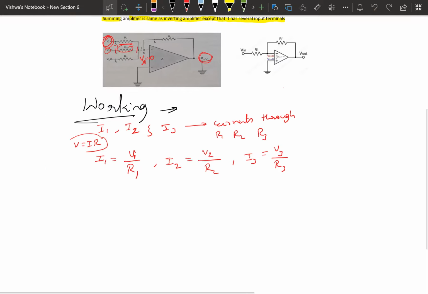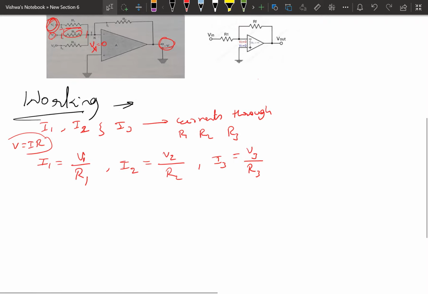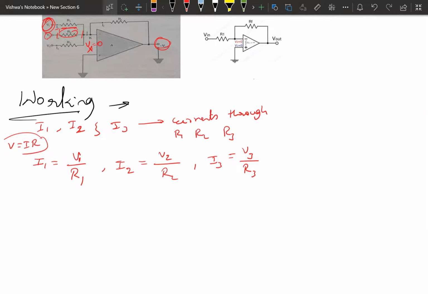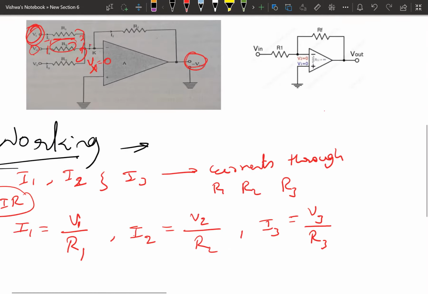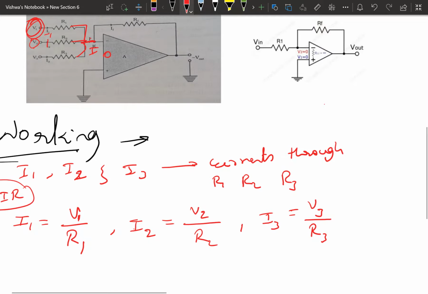Yes, we got 3 current equations, but the current I is flowing through resistor RF. All these 3 currents are summing at this point, so the sum becomes equal to I, and this current flows through the RF resistor.